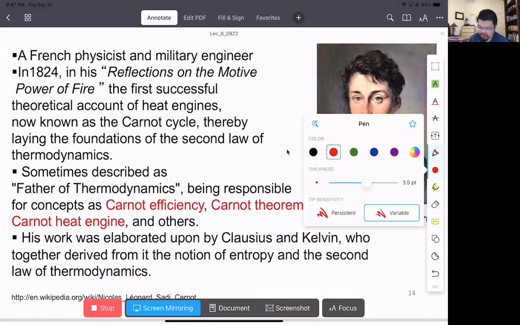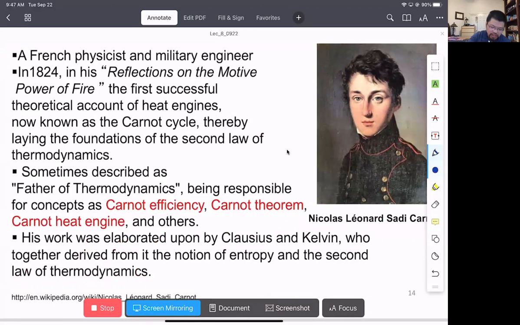Nowadays we consider him the father of thermodynamics because of his contribution to the Carnot cycle, the heat engine, and the fundamental design of what would be the maximal efficiency if we are dealing with certain temperature conditions, what would be the maximum work we can receive.